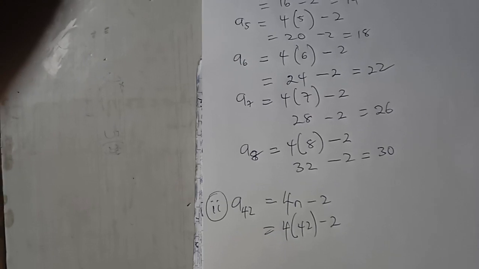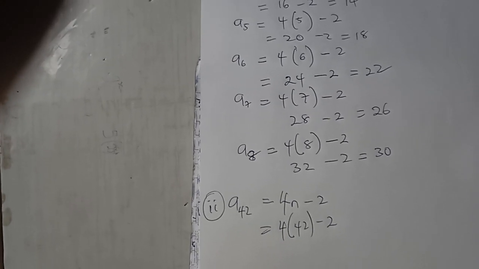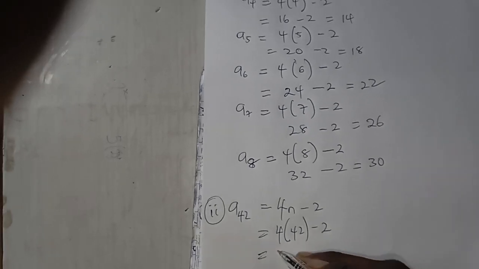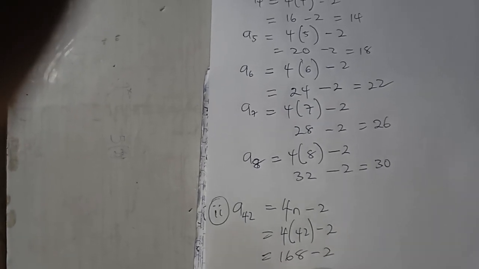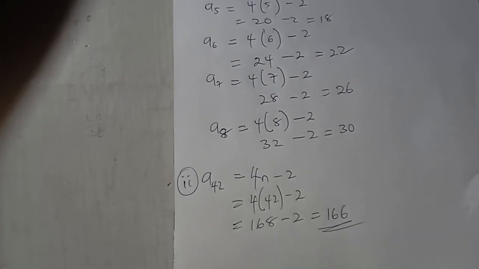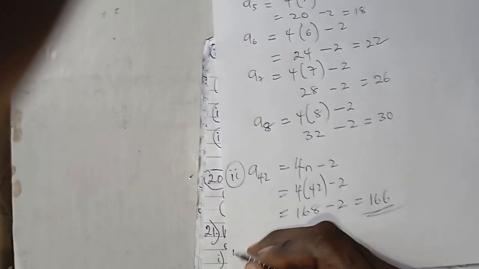Let's do some punching. 4 times 42 is 168, minus 2, and that should give me 166. That's the 42nd term.